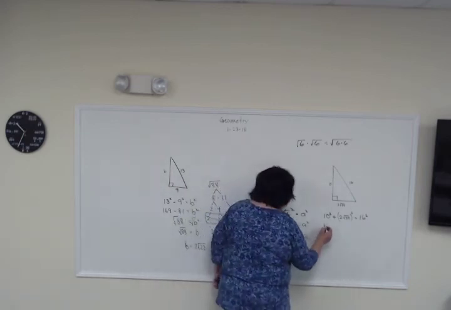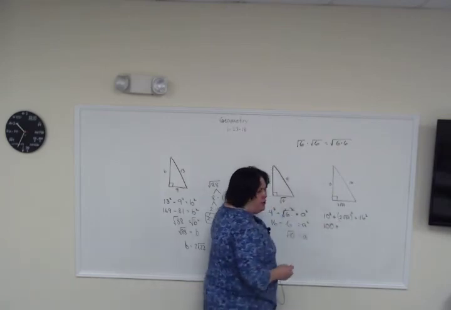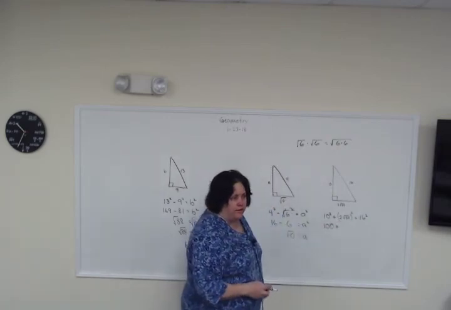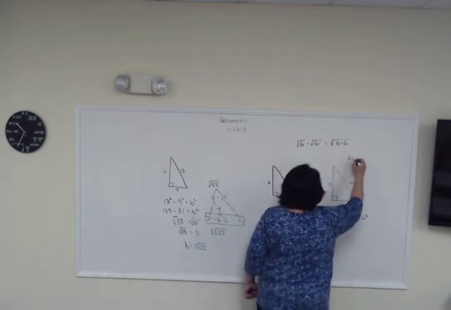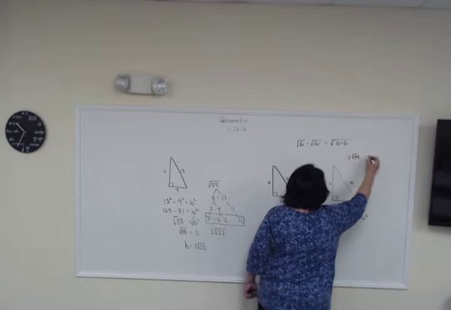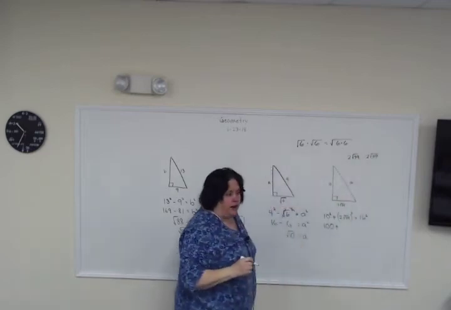10 squared is 100. Now, 2 times the square root of 39 squared, you okay? Yeah, I'm good. I'm just busy. Look at 2 times the square root of 39 squared. It's 2 times the square root of 39 times 2 times the square root of 39, right?